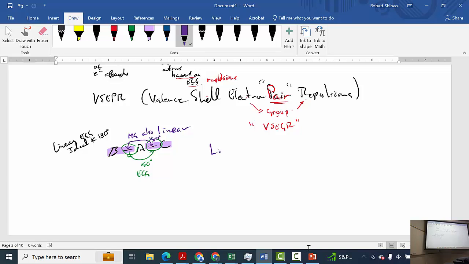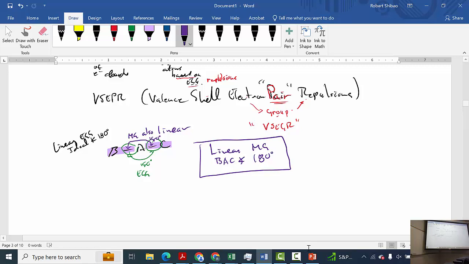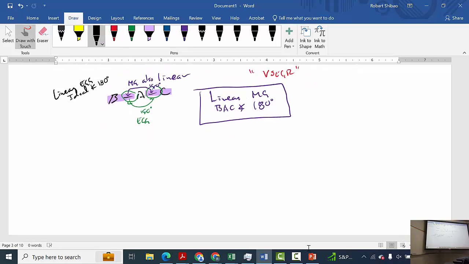And then when I look at the BAC angle, the BAC angle is 180 degrees. And so the conclusions that we draw: this is a linear MG, and the BAC angle is 180 degrees.